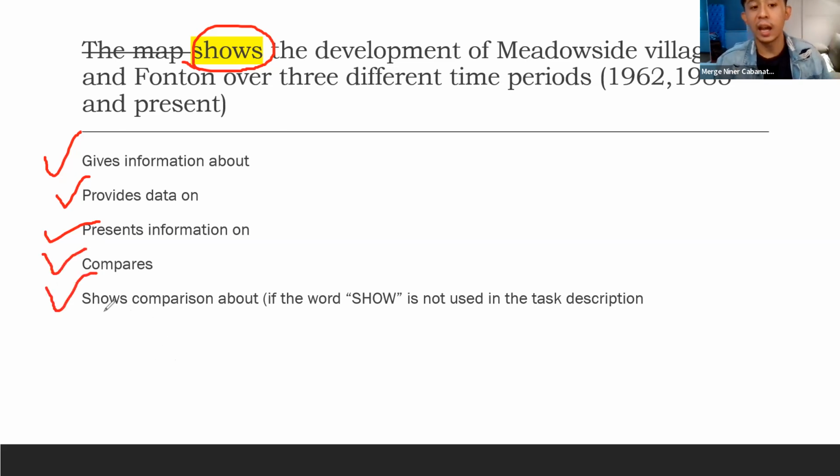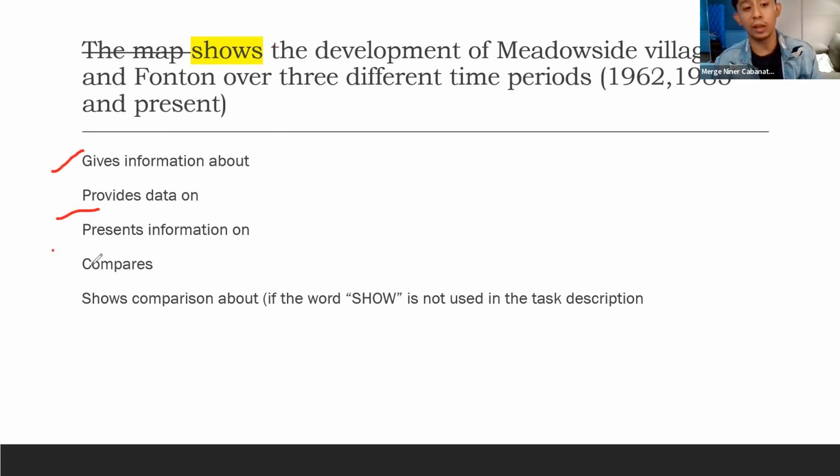I will not be using shows if shows is the word being used in my task description. Therefore, I need to look for something else. So I have literally 1, 2, 3, 4, 5 options. If shows is being used in my task description, then I can choose between the 4 remaining options.